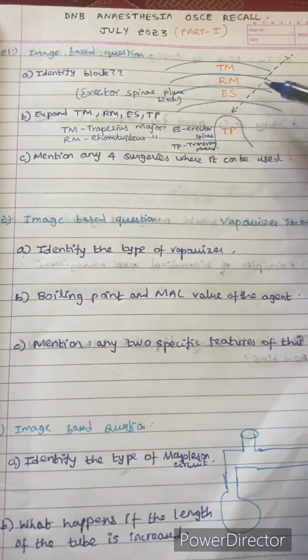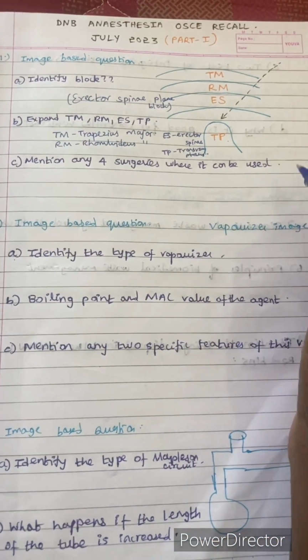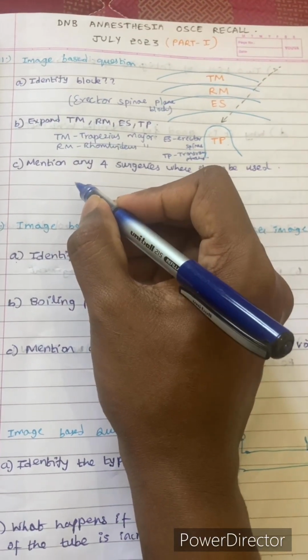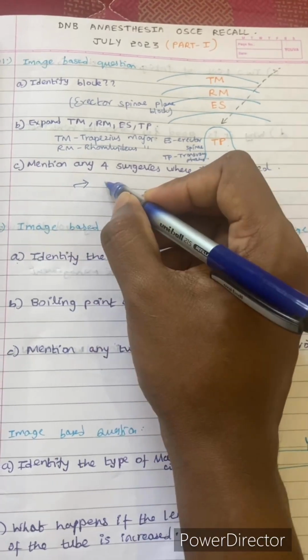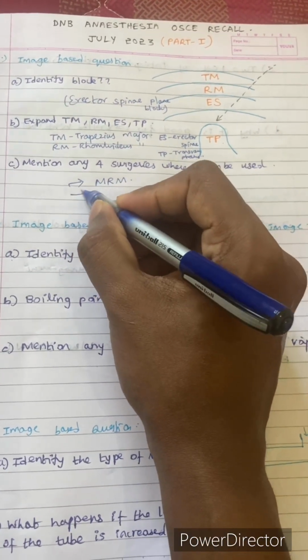Next they have asked to mention any 4 surgeries where it can be used. The 4 major surgeries include number 1, MRM, modified radical mastectomy.